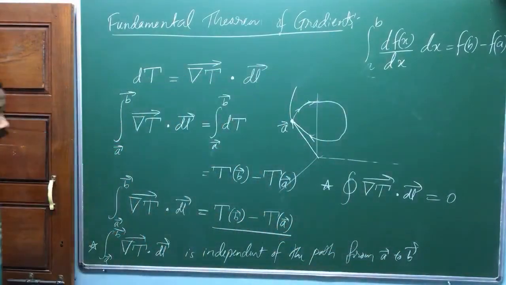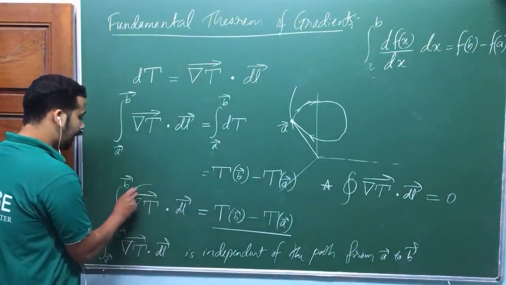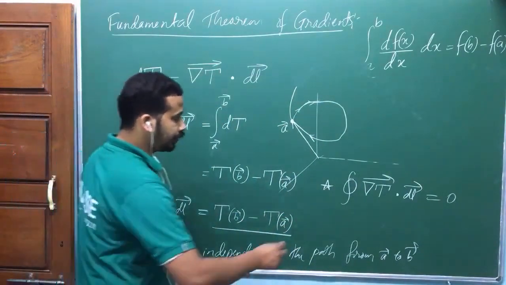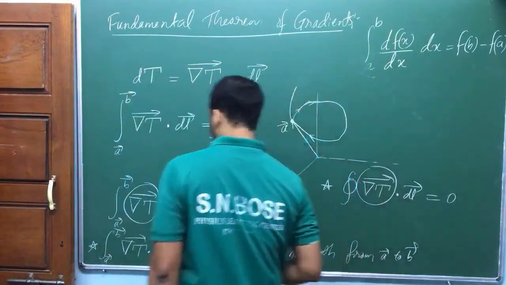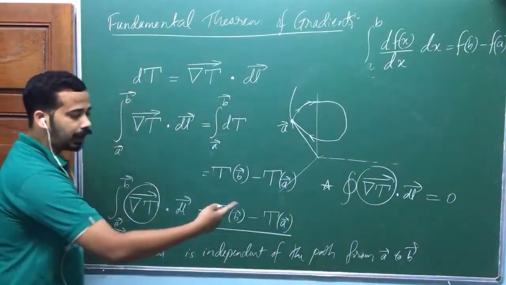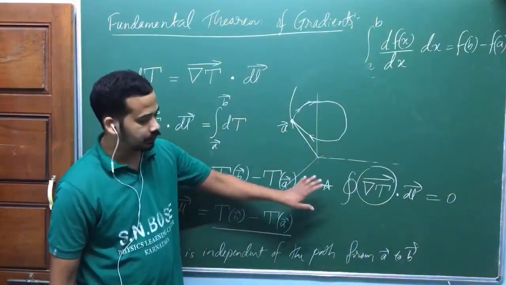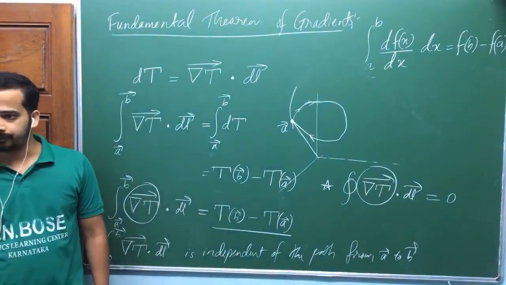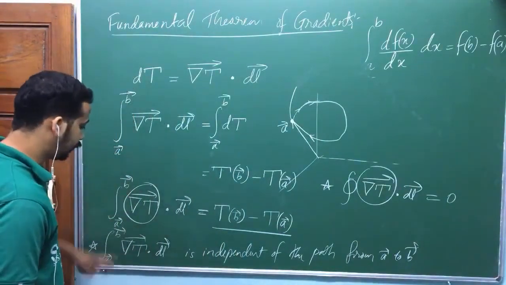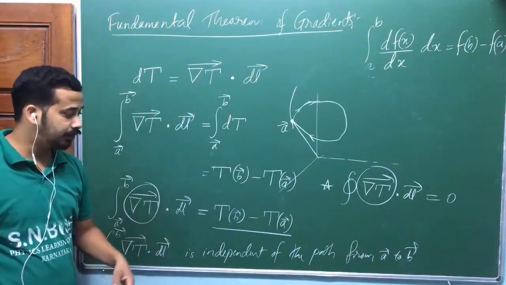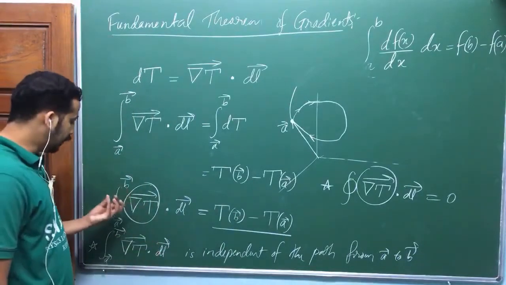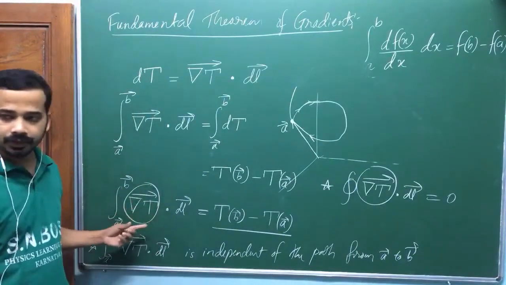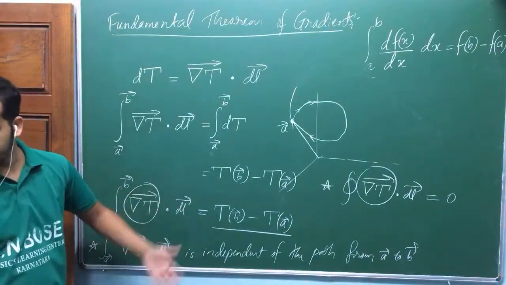So one thing you need to remember, if you have a vector field whose line integral is independent of the path, then the closed line integral will be 0. Is that okay? If you have a vector field whose line integral is independent of the path, you can write that vector field in terms of the gradient of some scalar actually. So let me extend this theorem later.